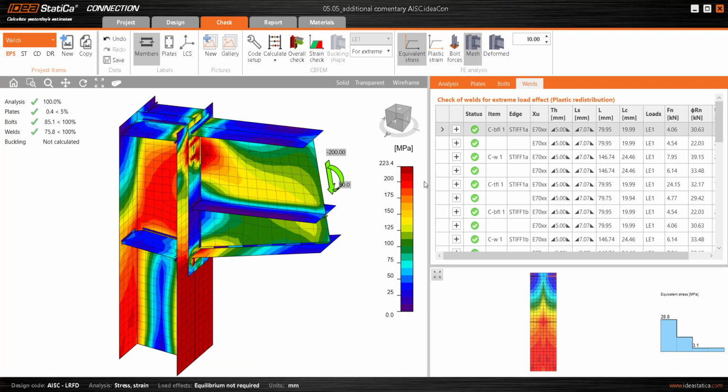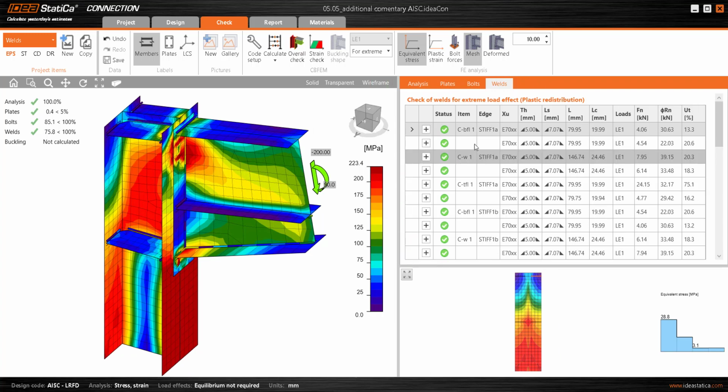What we have here is a table that's very similar to what we've seen before, but with a few differences that we'll look at. Some columns are the same. We have the status column, the item column, which refers to the plate that we're welding, the edge of the plate on which the weld will be done, the electrode, that's important, and then the differences start appearing.